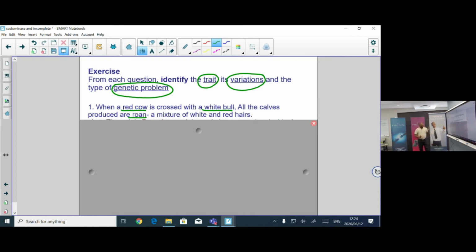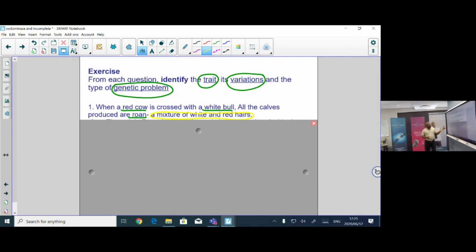When a red cow is crossed with a white bull, the calves produced are roan. And roan is a mixture of white and red.